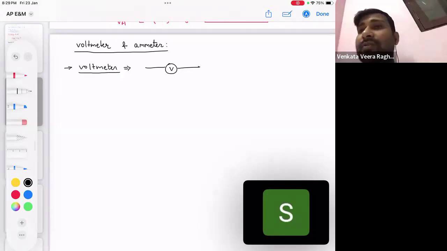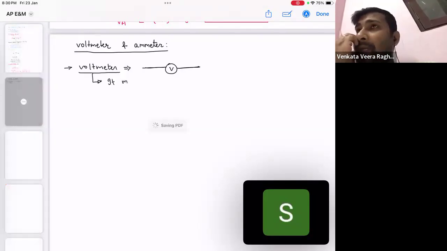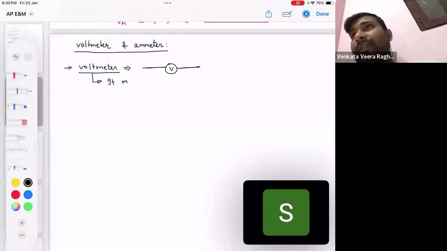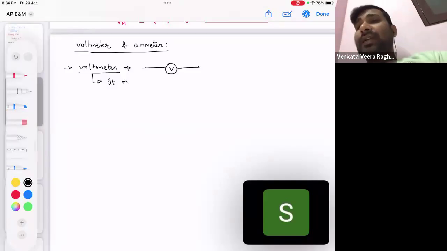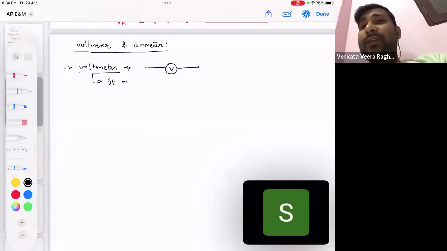So what is a voltmeter? It measures the potential difference in the circuit. In the circuit means between any 2 points.